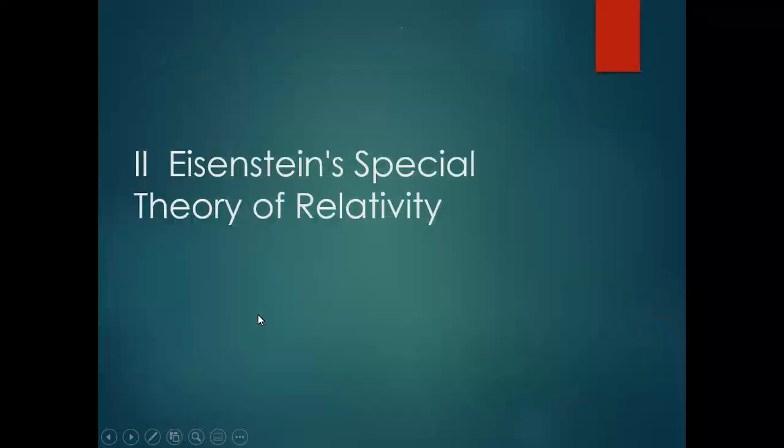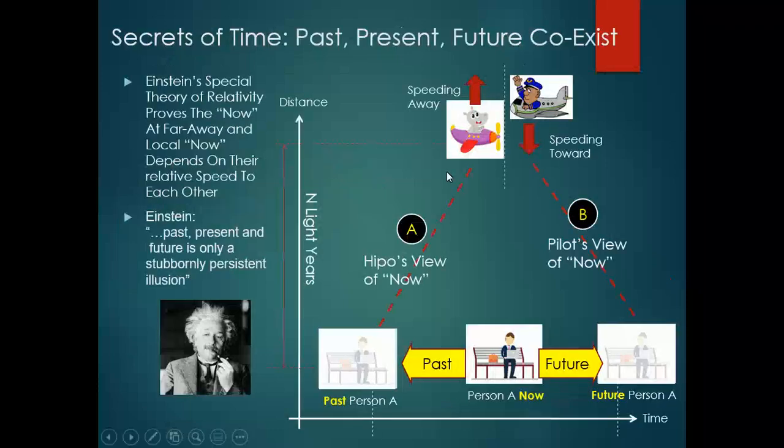Okay. Before we get to the main topic, there's still one more subtopic I need to cover, which is Einstein's special theory of relativity. It was a thought experiment, and it goes like this. Suppose on another planet that's many light years away from Earth, there are beings that can fly airplanes.